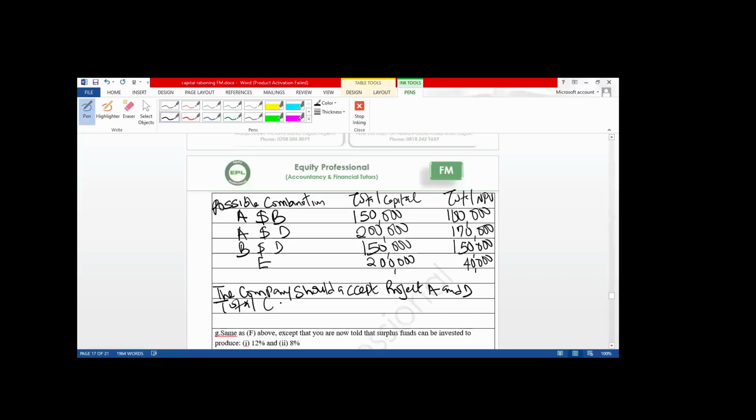Total capital required 200,000 naira. Total NPV 170, with a surplus fund.